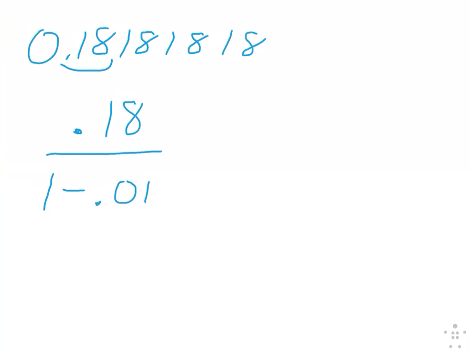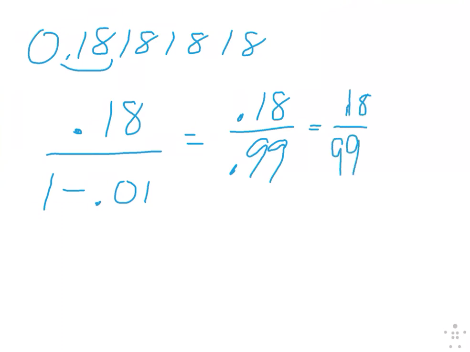On the bottom, what's 1 minus 0.01? So I have 0.18 divided by 0.99. To get rid of the decimals, you move it over 2 spaces to give me 18/99, which is not full credit for this problem.